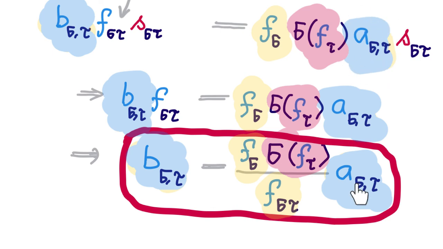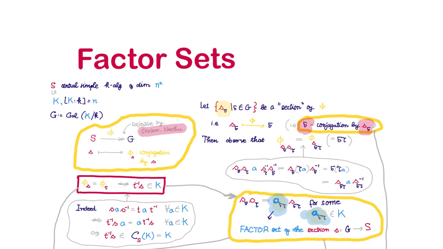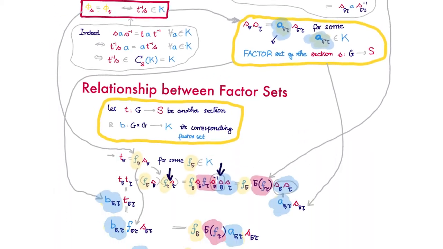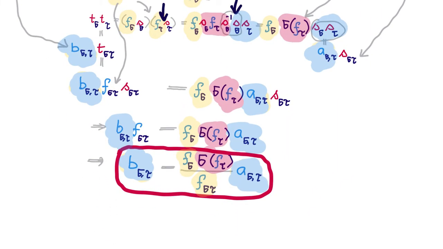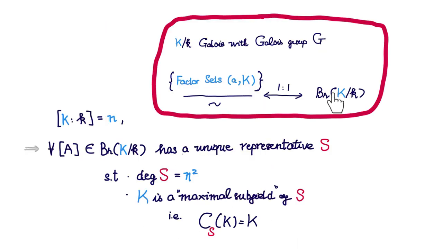So we say two factor sets A and B are equivalent if there exists a collection F sigma in K such that this relation holds. Thus, to each central simple K-algebra having K as a maximal subfield, we have associated an equivalence class of factor sets. Thus, we have a well-defined map from the Brauer group of this big K over little k to the set of equivalence classes of factor sets.